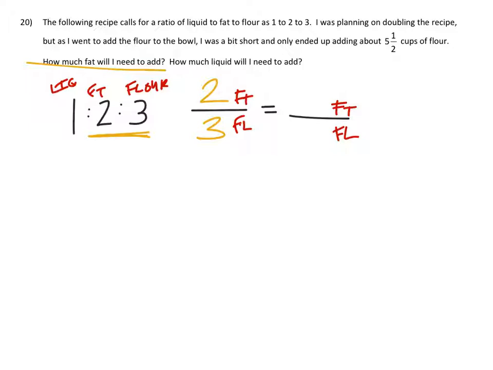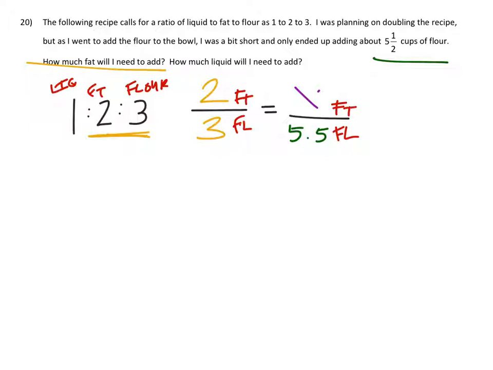Whatever those parts are, tablespoons, cups, gallons, it wouldn't matter. But this allows us to fill in 5.5 cups of flour. So I'm just going to make that 5.5. And we just got to figure out how much, I guess that'd be cups of fat that we need.